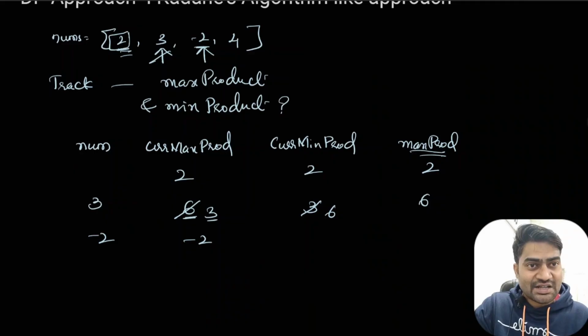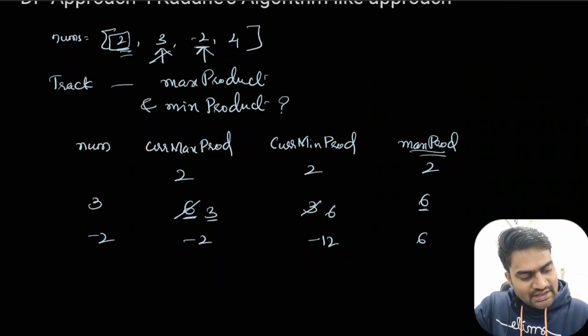Then our current min product will be minus 2 comma 6 into minus 2, so this becomes minus 12. Out of minus 2 and minus 12, minus 12 is minimum, because that's a negative number. Now our max product won't get updated, because 6 is the maximum as of now.